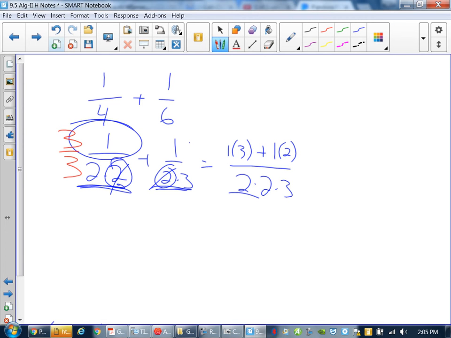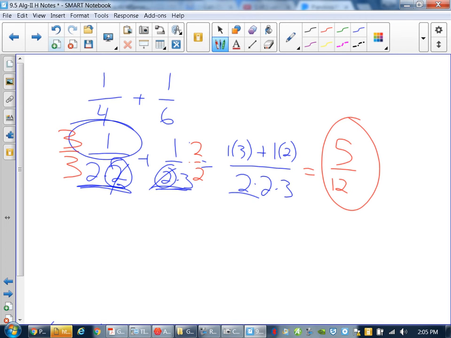I multiply the other one by 2 over 2, which is 1. We do a lot of multiplying by factors of 1. We did that with rationalizing denominators. We did that with multiplying by conjugates. It's a very, very common way of doing things. So this becomes 5/12 as my final answer.